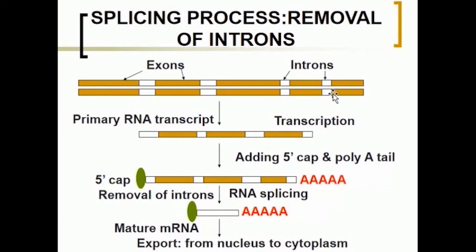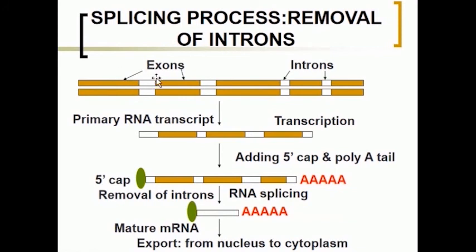Those nucleotides present here are not needed for the actual mRNA. So we have to remove those unwanted regions of the mRNA. These interfering nucleotide sequences which do not code for the RNA are called introns, whereas the sequences which code for the actual active mRNA or mature mRNA are called exons.